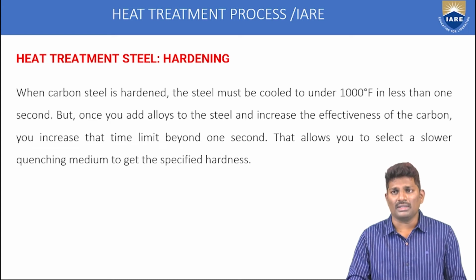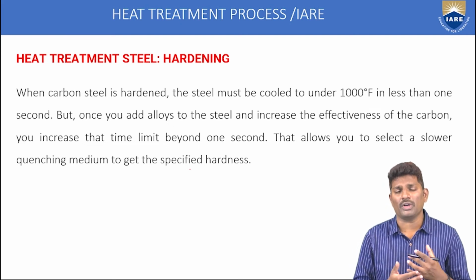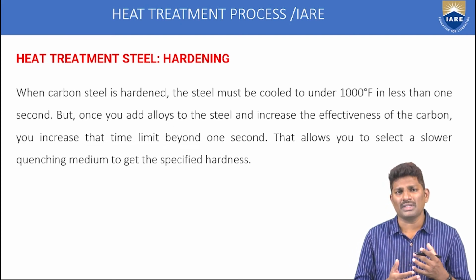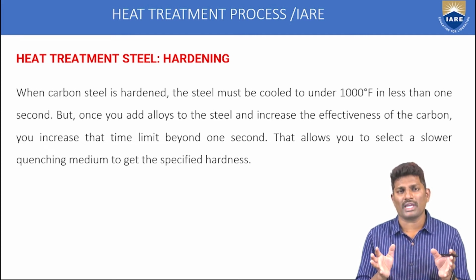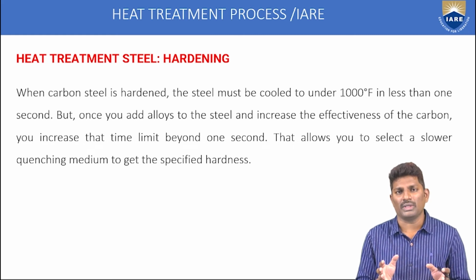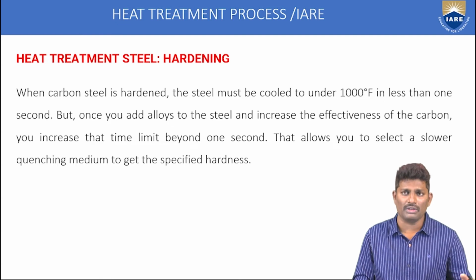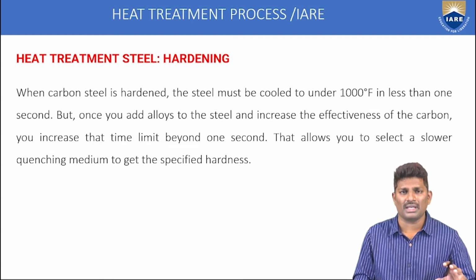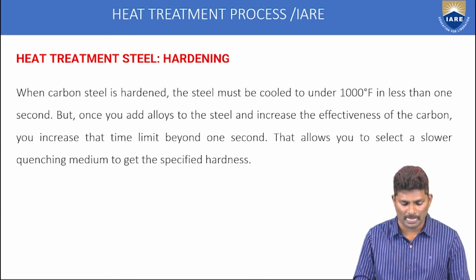That allows you to select a slower quenching medium to get the specific hardness. In order to achieve the desirable hardness, you maintain a slower quenching process. So whether it is plain or alloy steel, there is a difference in the time to get the hardness.